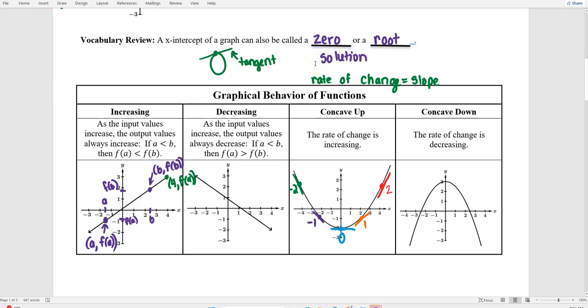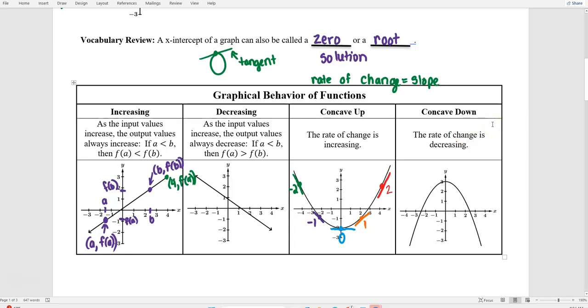And it can look a lot of different ways. This is just a basic parabola. But an exponential growth function that goes up really fast is another example of something that is concave up. It doesn't decrease any, it's always increasing, but it's concave up.